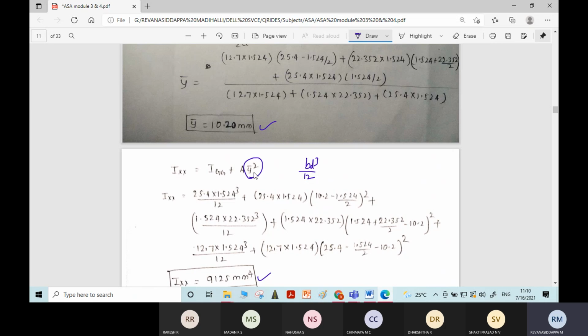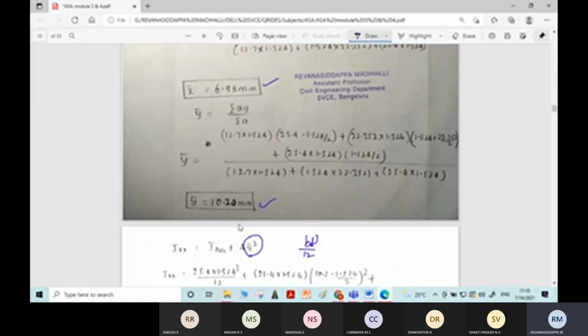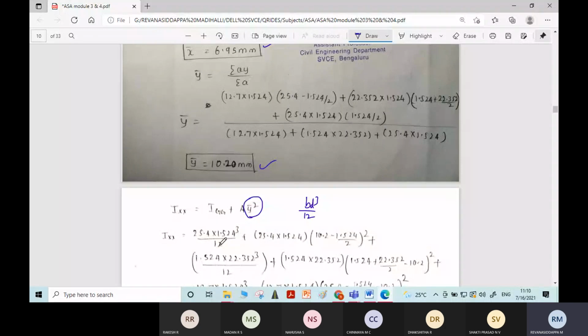For rectangle 1, width is 25.4 and depth is 1.524. Therefore, it is 25.4 into 1.524 cube divided by 12, plus area, corresponding area, which is known, into y bar.